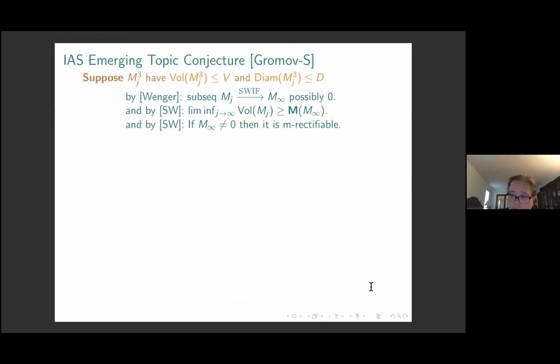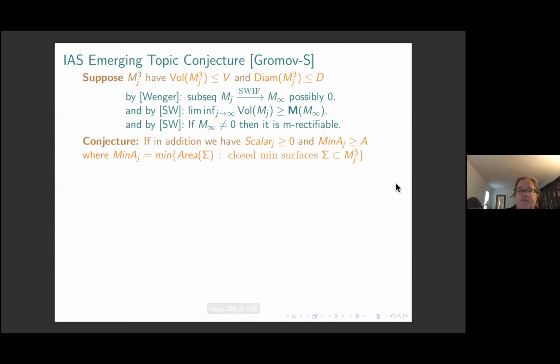This is all known. Now the conjecture is, if in addition we have scalar curvature of M_j greater than or equal to 0 and min A_j greater than or equal to A, and we still have our three dimensions, then the conjecture is that, and let me remind you, the min A_j is the minimum area of a closed minimal surface, M infinity has generalized scalar curvature greater than or equal to 0.